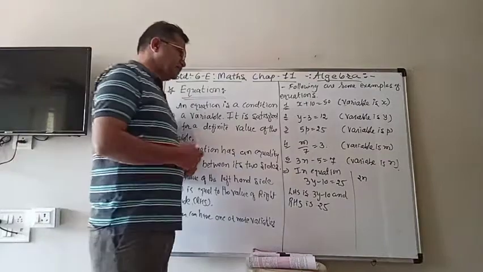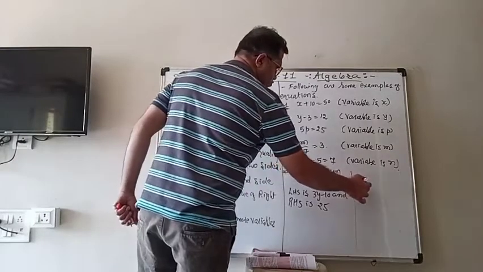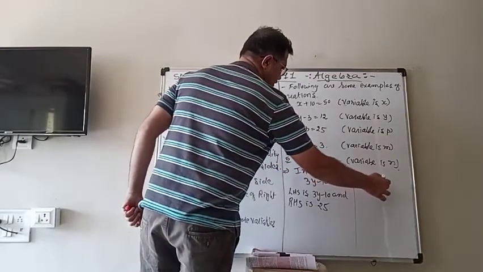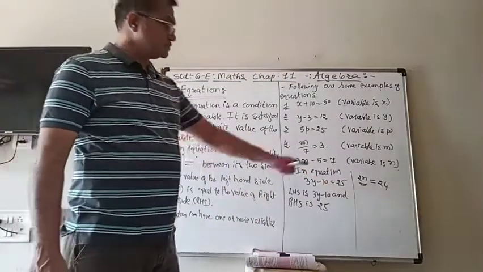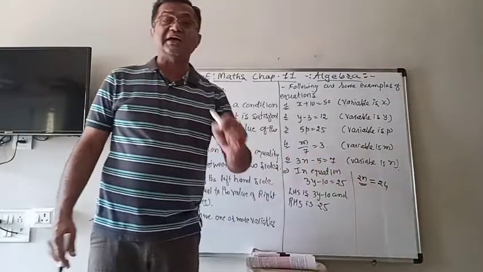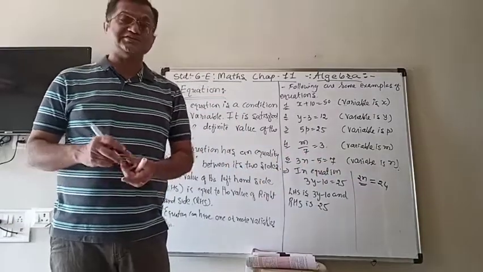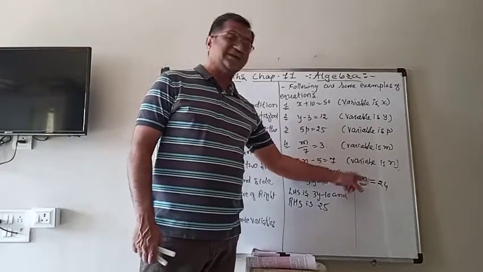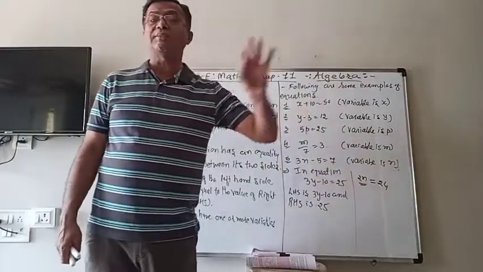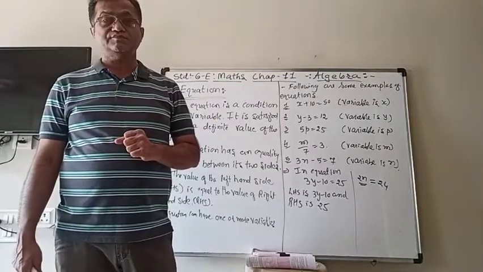It means that if you use the rule 2n, then the total number of matchsticks is 24. That is known as an equation. A condition is given. What is the condition? That the general rule is 2n such that 24 matchsticks are required.